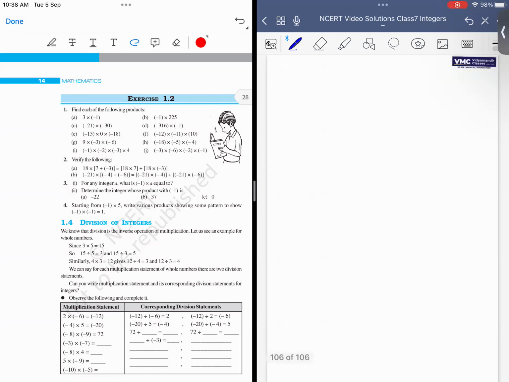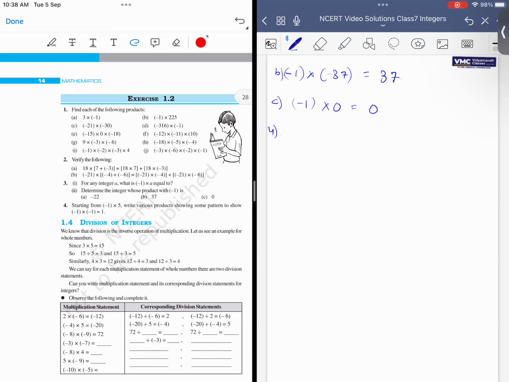In the B part, minus 1 times, the product is coming out to be positive, that means a negative number, two negative numbers are multiplied, so minus 37 will give 37. And in C it is minus 1 times 0, because we know that anything multiplied with 0 gives 0.